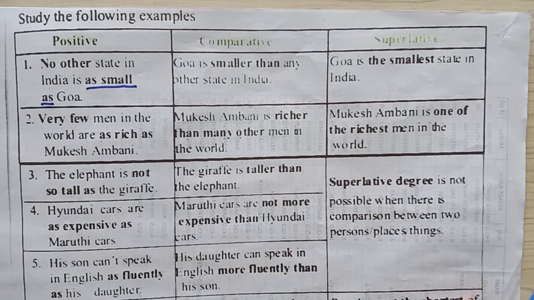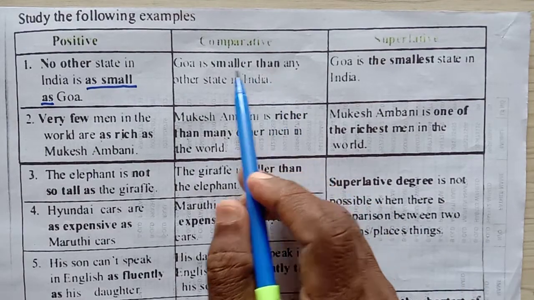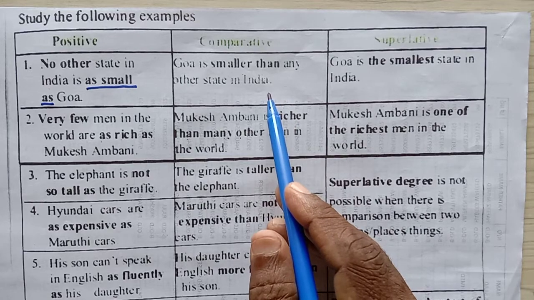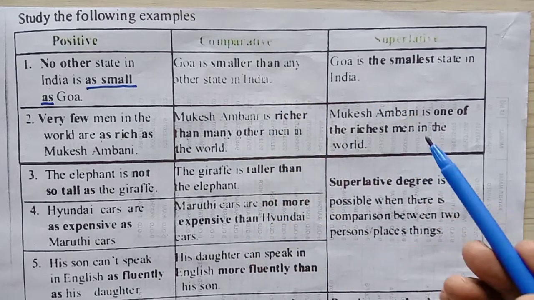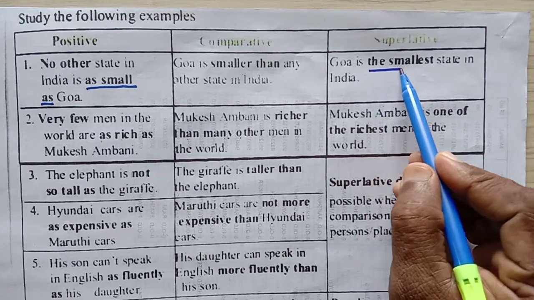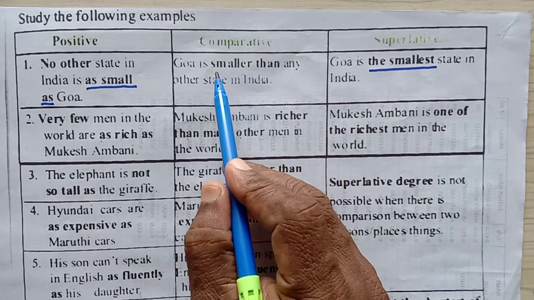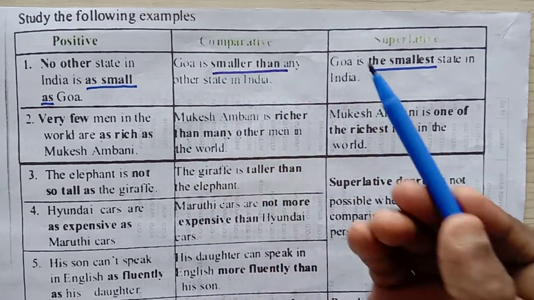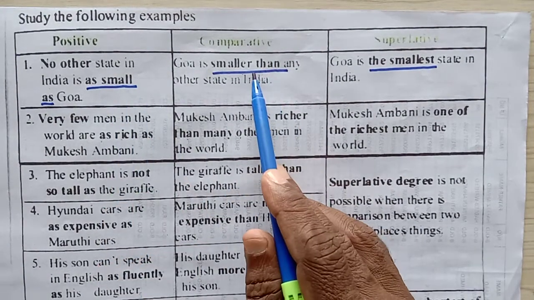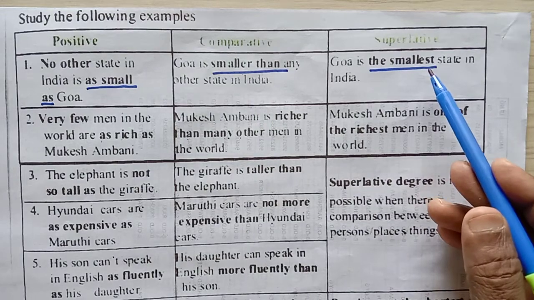"No other", if it is there, we have to use "smaller than": Goa is smaller than any other state in India. Now in the superlative form we write it as: Goa is the smallest state in India. Did you understand? Small, smaller than, the smallest.